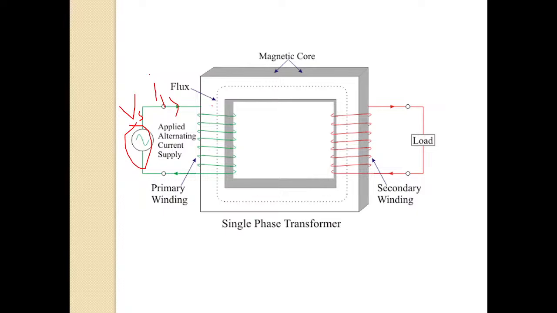we already know, when current is flowing through this coil, since this coil is wound across the ferromagnetic material, this core is made up of ferromagnetic material, which can be easily magnetized.